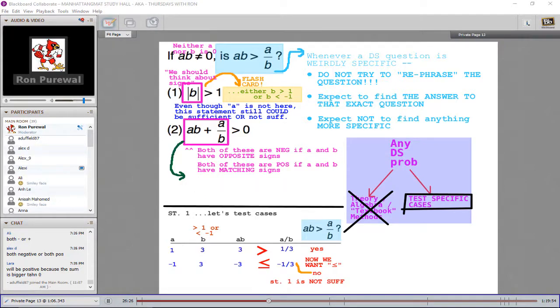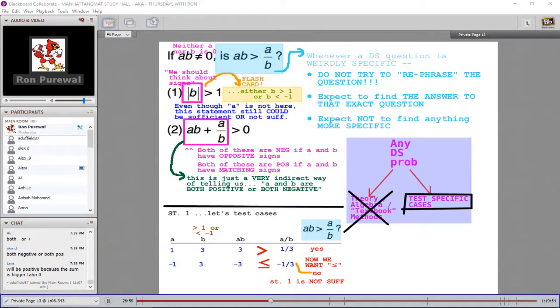It's a very indirect way of telling us that A and B are both positive or both negative.